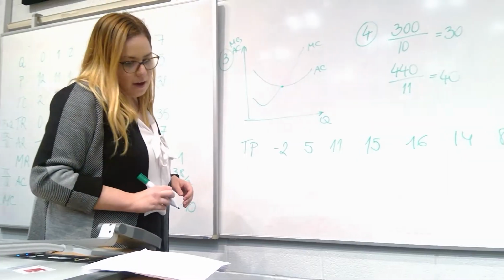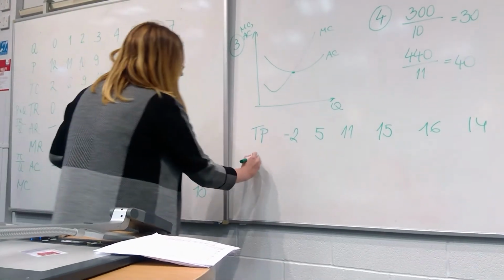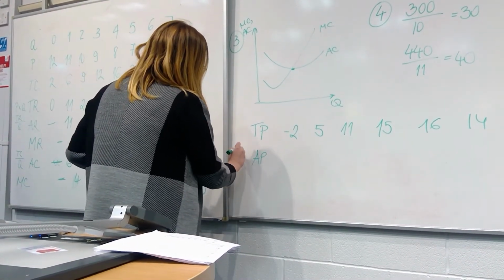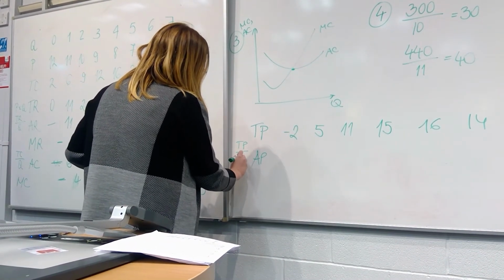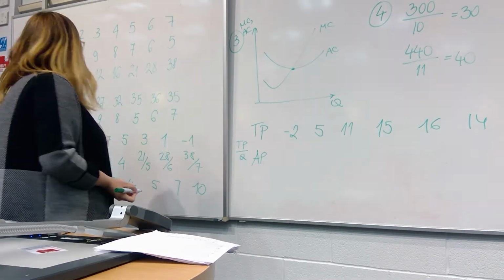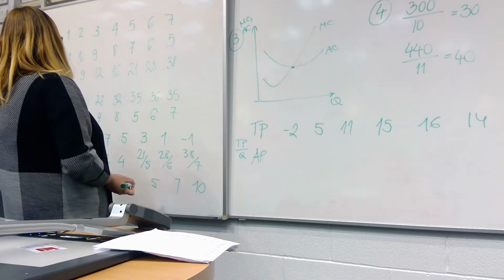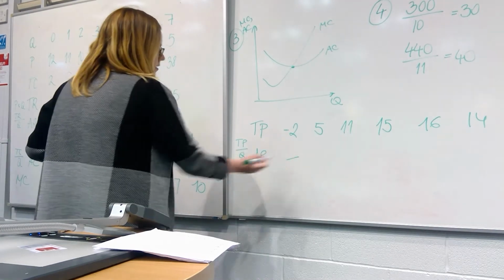And finally, our average profits are our total profits divided by quantities. So -2 divided by 0 is nothing.